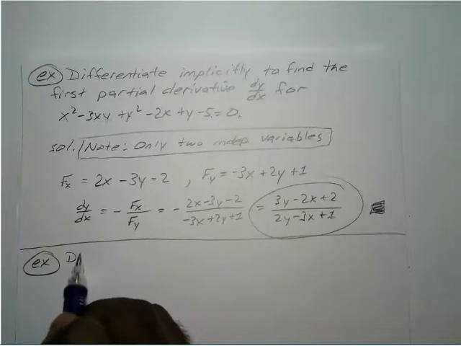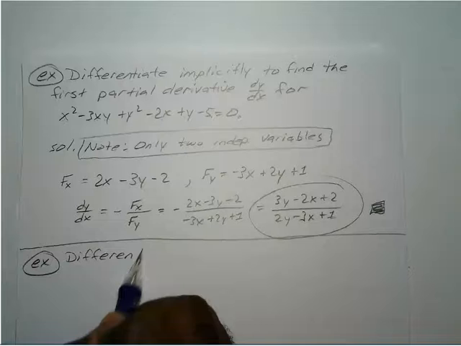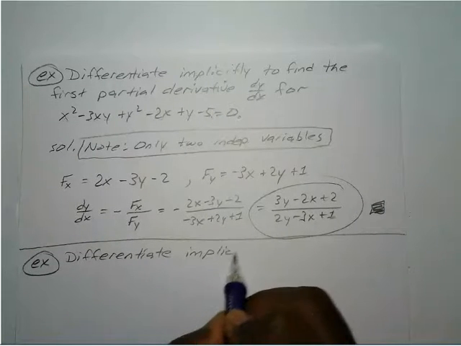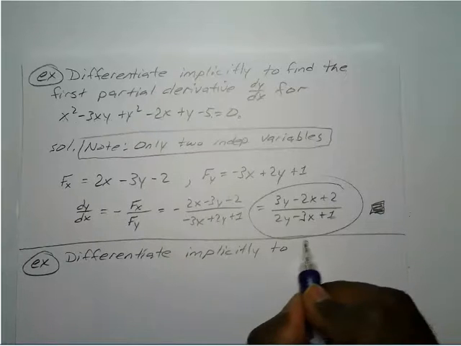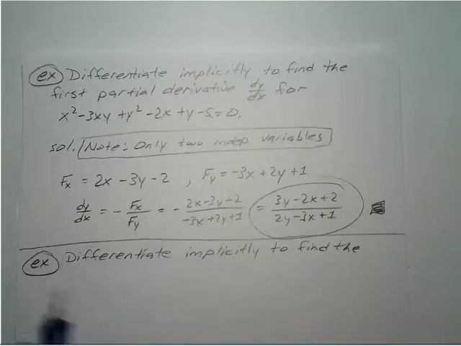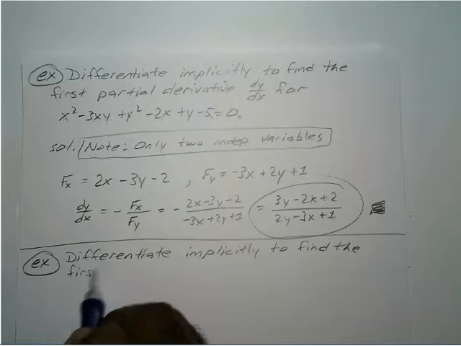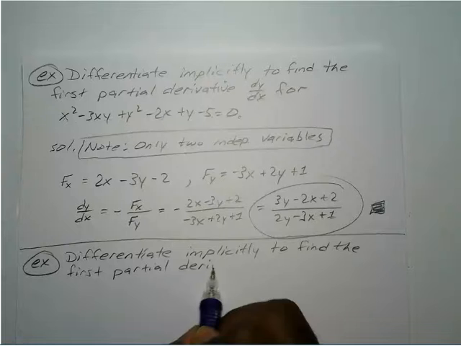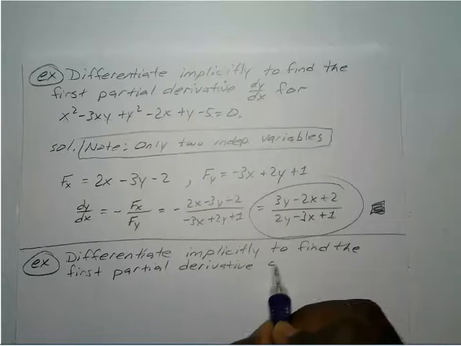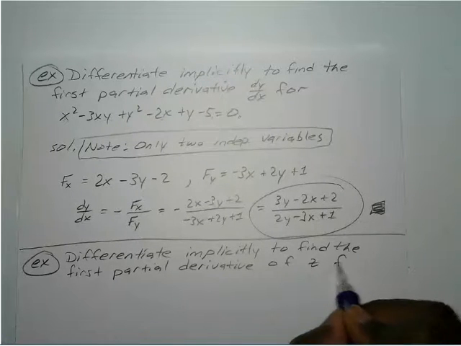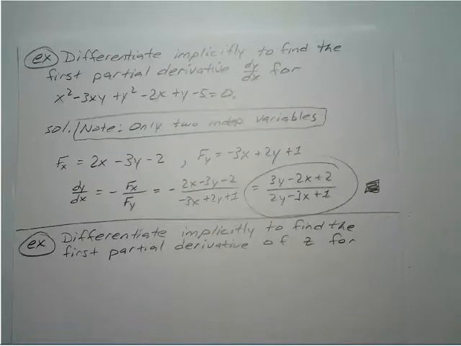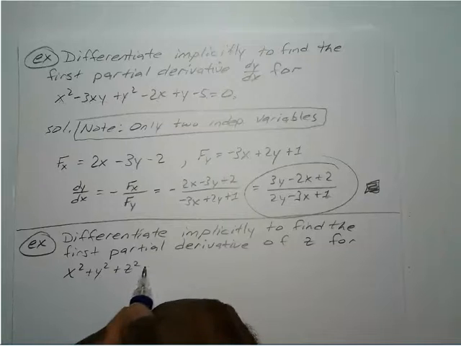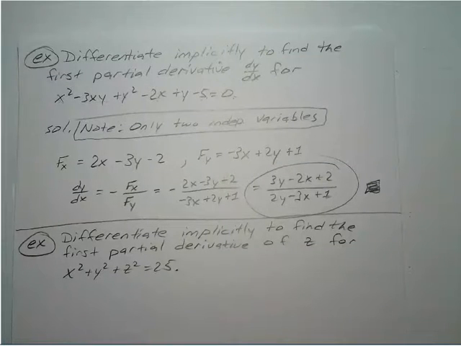Okay, so what if we wanted to differentiate implicitly to find the first partial derivative of z for x squared plus y squared plus z squared equals 25.